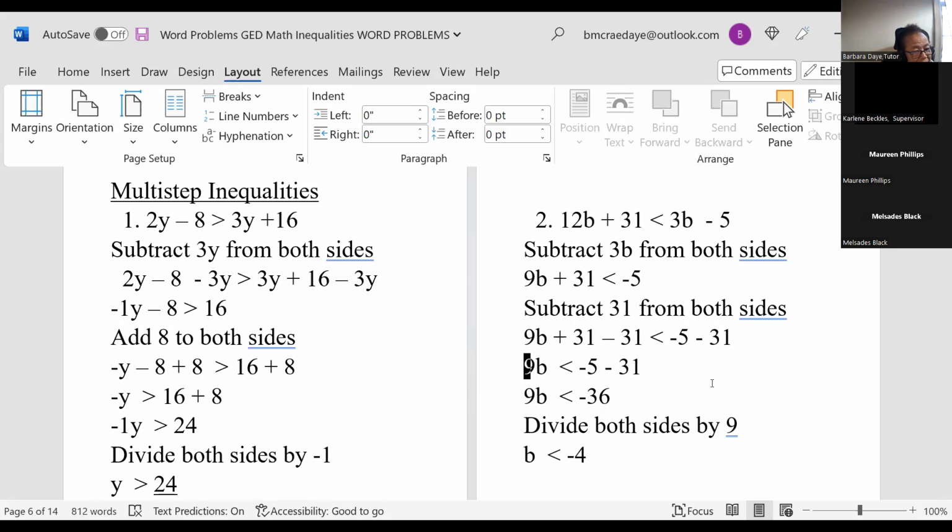So minus 36 over 9 gives you a minus 4. You could do it by mental math. Only one number times 9 will give me a 36, and that's a 4. And since this is a negative and this is a positive, it has to be a negative 4.